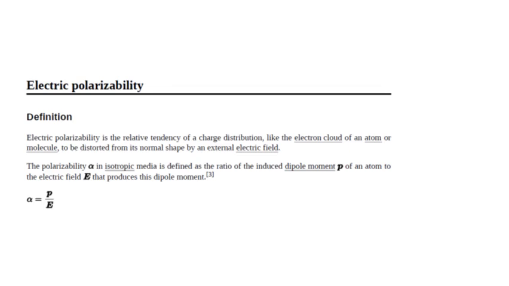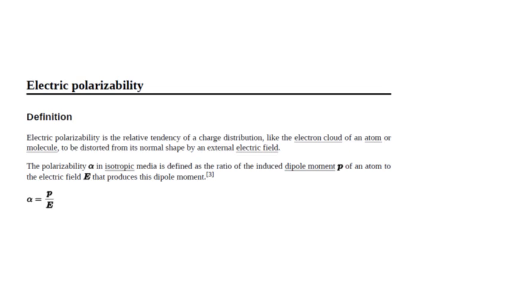We have three types of polarizability, as we discussed in the previous slide: electronic polarizability, ionic polarizability, and orientational polarizability. Electronic polarizability is the relative tendency of the charge distribution, like the electron cloud of an atom or molecule, to be distorted from its original shape.